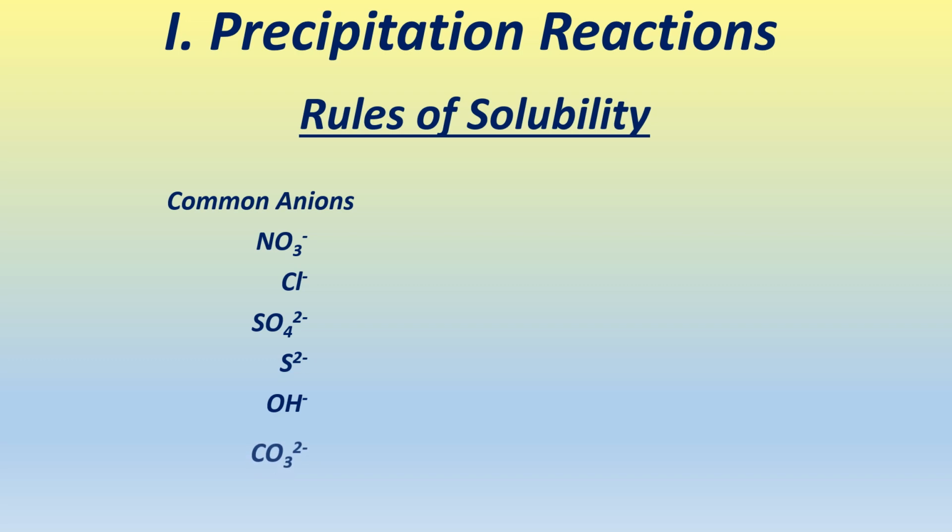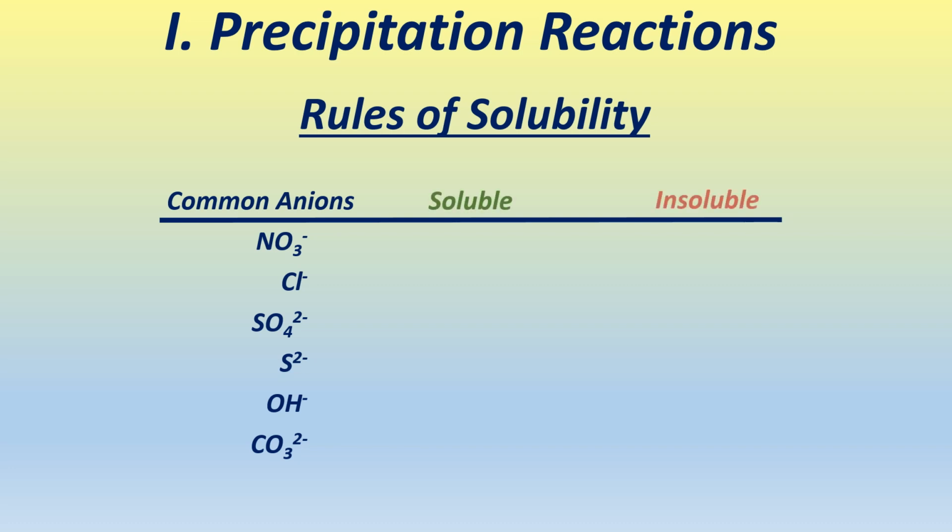Those rules are based upon common anions: nitrates, chloride ions, sulfates, sulfides, hydroxides, and carbonates. The rules simply state what is soluble and what is insoluble. The simplest rule is the rule for nitrates. All nitrates will dissolve in water.